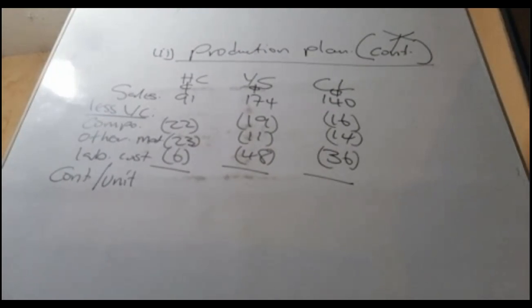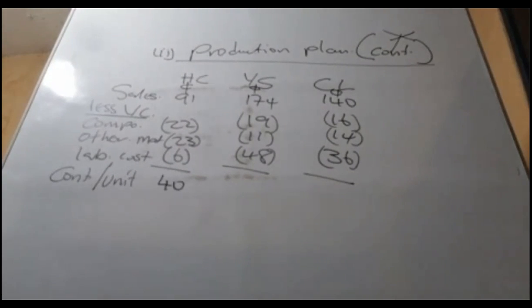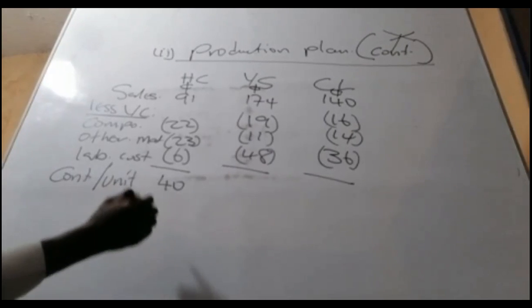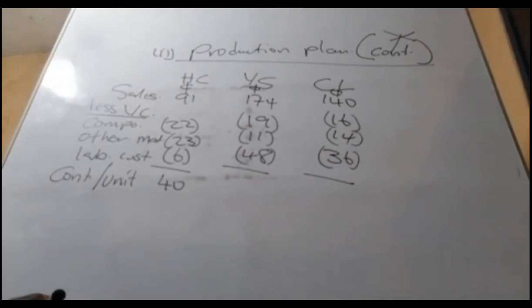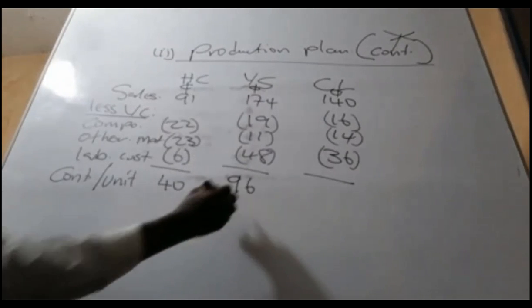The contribution per unit for the first one is 40, right? That's great. What about the second one? 174 less 19 less 11 less 48. That is 96.